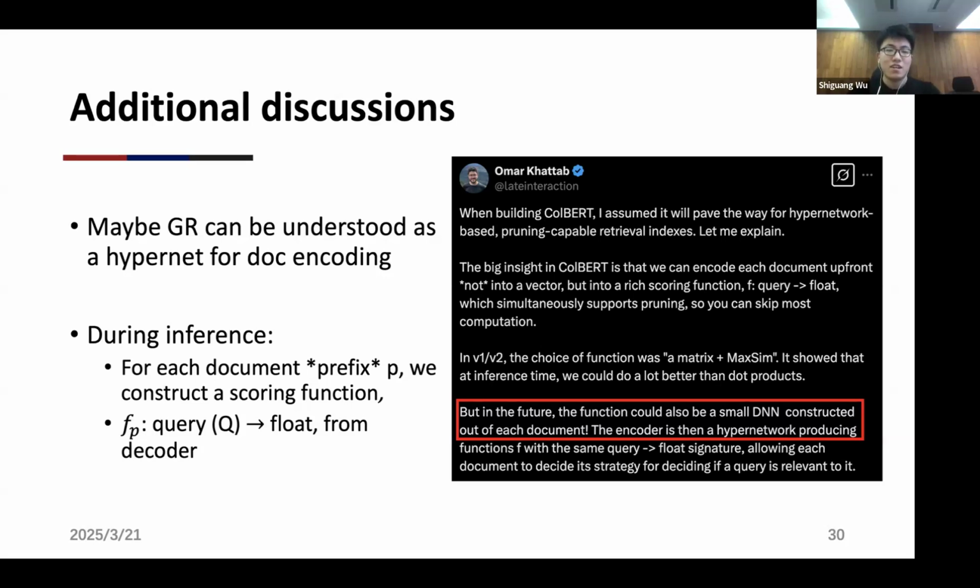So I think that's a very interesting view for GR, and I think it's quite promising for GR to be a hypernetwork. There's no efficient way for the hypernetwork for documents, and I think GR provides a possible way to do that.